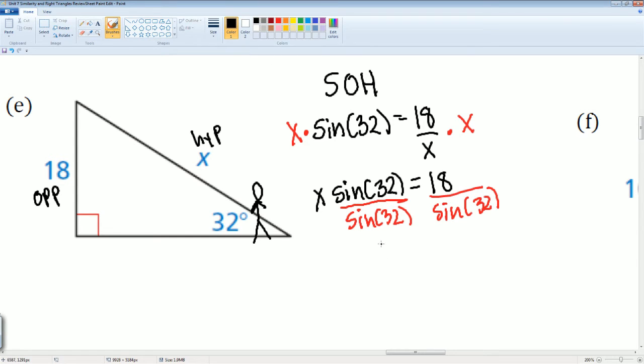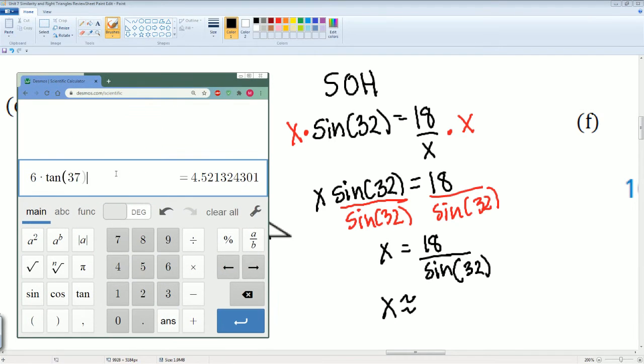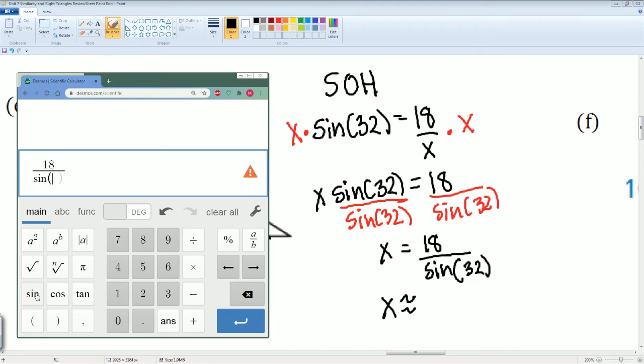I get x is equal to 18 divided by sine 32 degrees. Plug this into the calculator. 18 divided by sine 32. That is approximately 33.96, so we can say it's roughly 34.